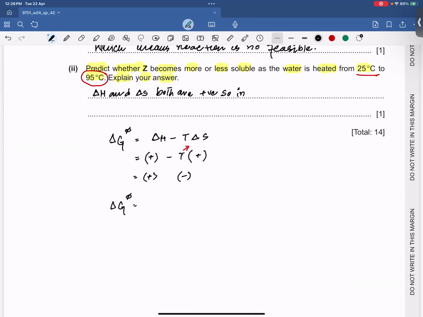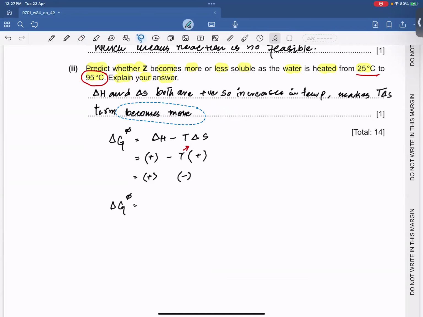So increase in temperature makes the T delta S naught term become more negative.